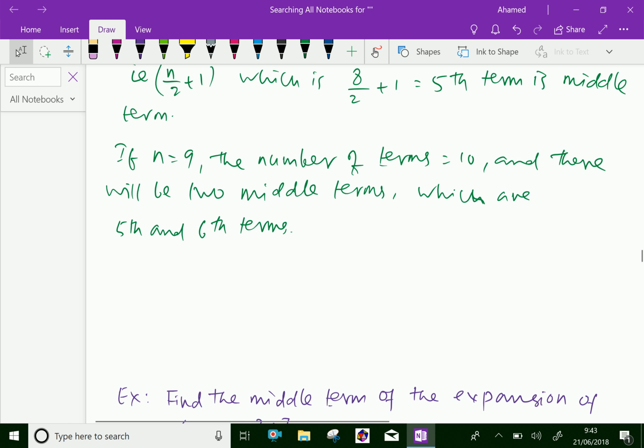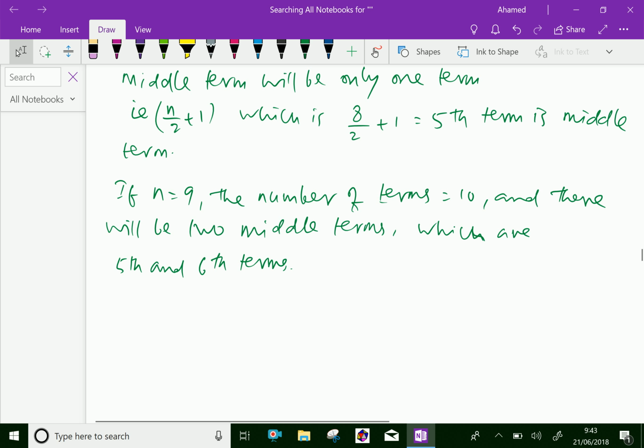Generally, you can say, hence, if n is even, only one middle term will be there, that is the n by 2 plus 1 th term. If n is odd, there will be two middle terms. If n is even, there will be only one middle term, that is the n by 2 plus 1 th term.